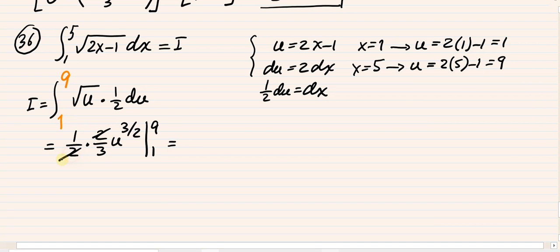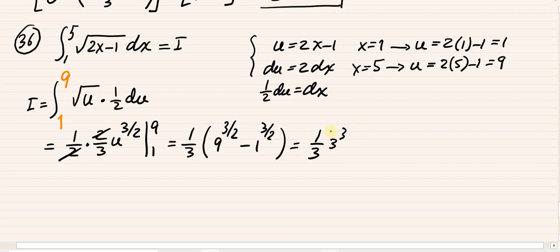The 2's cross out, so this is going to be 1/3 times 9 to 3/2 minus 1 to 3/2. Now 9 to 3/2, that's the square root of 9 cubed. That's 3 cubed minus 1. 26 thirds. That's going to be the answer.